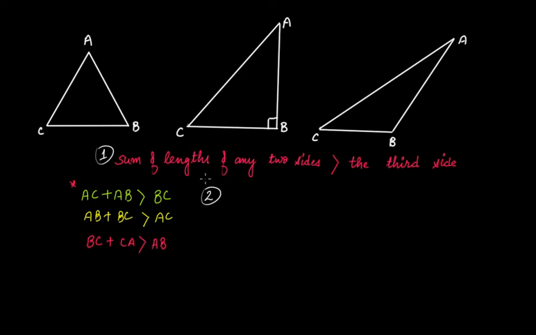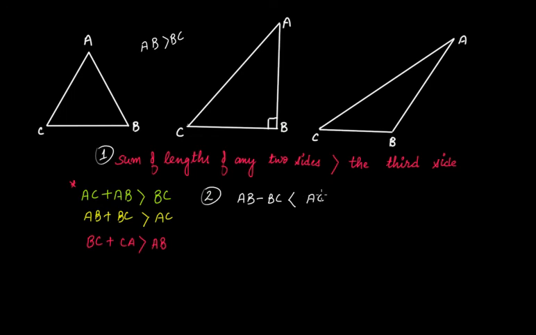Like in this case, let's say that AB is greater than BC. If you subtract BC from AB, that is, the subtraction of any two sides, that will be less than the third side, that is AC.